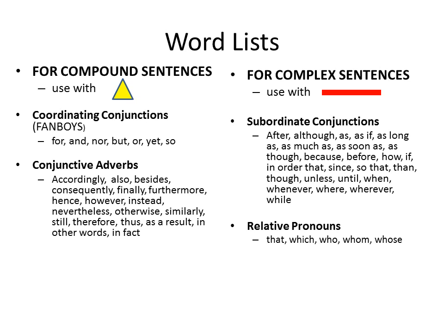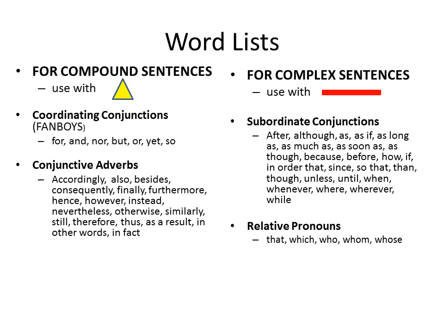Here's the word list that I've been talking about during the presentation. For use with compound sentences, in other words, things that might go inside the yellow triangle, here's a list of the common coordinating conjunctions, sometimes referred to as fanboys: for, and, nor, but, or, yet, and so.